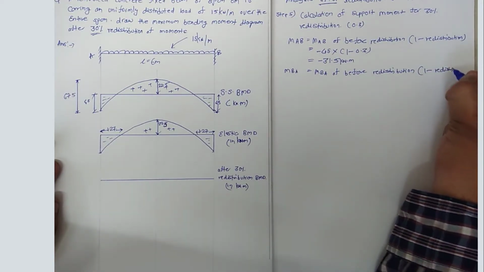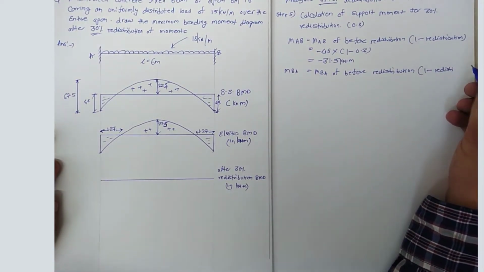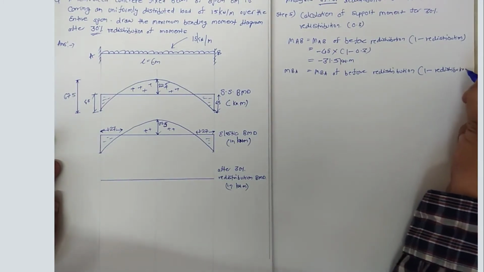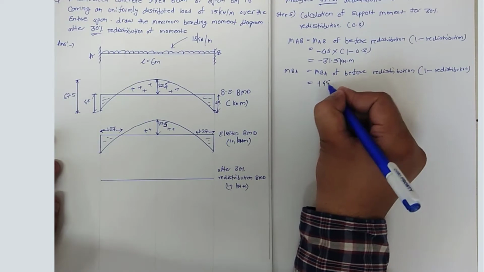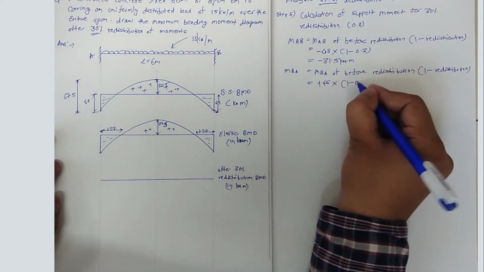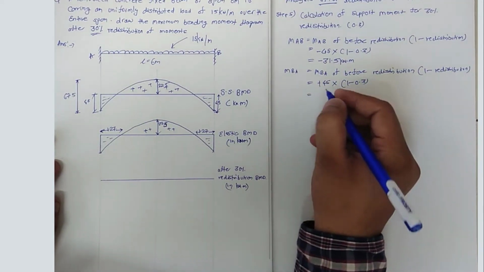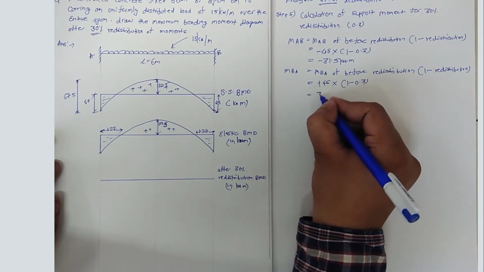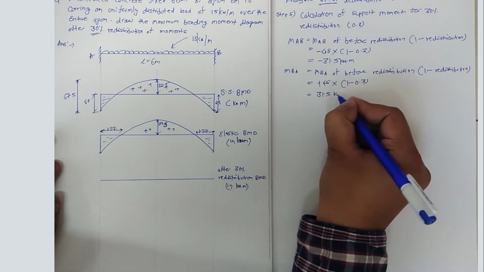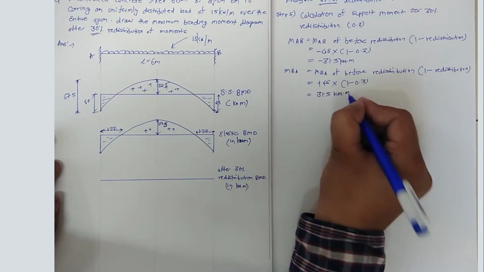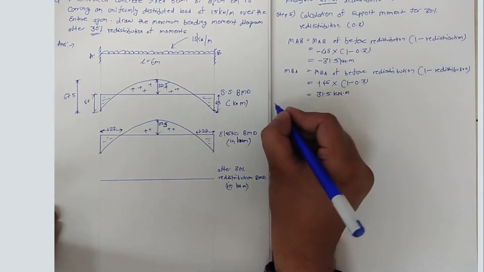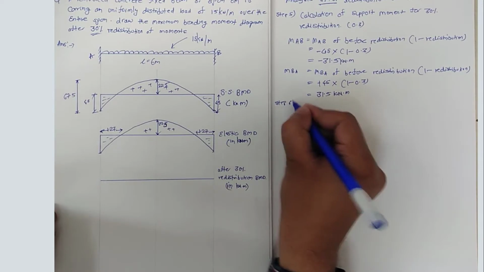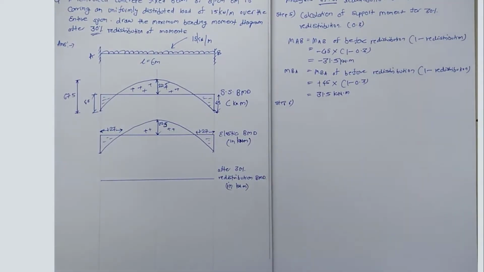This is the formula for the moments after redistribution. So it comes out to be minus 45 into 1 minus 0.3, which is minus 31.5 kilonewton meter. Similarly, MBA equals MBA before redistribution into 1 minus redistribution, so MBA equals plus 45 into 1 minus 0.3, which comes out to be 31.5 kilonewton meter. Doing further, step 6: calculation of net bending moment at mid span after redistribution.